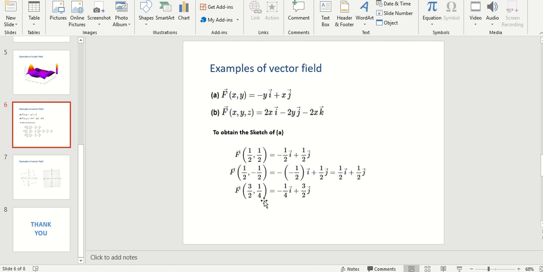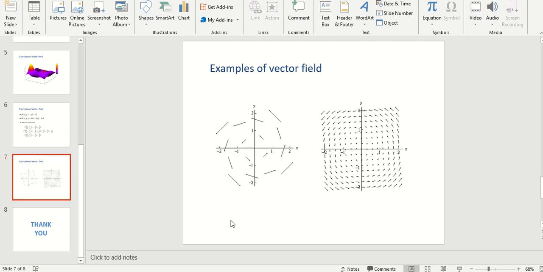Similarly, we are putting 3/2 and 1/4 in this function, x equal to 3/2 and y equal to 1/4. Now these functions give us this. So we have three different vector points. Now we are plotting these points into this 2D plane, and we have this kind of diagram.